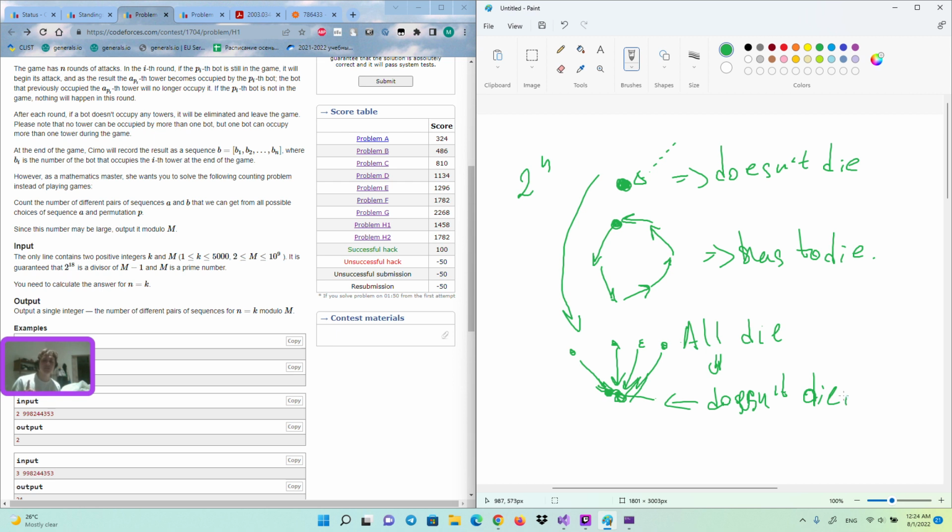It is even obvious because let's assume that this one dies, then there is a vertex that comes here last. For example, this one. And if this is the last, then this bot doesn't die. Okay, great.